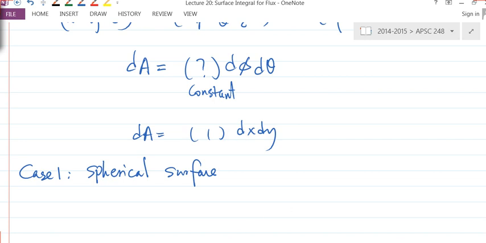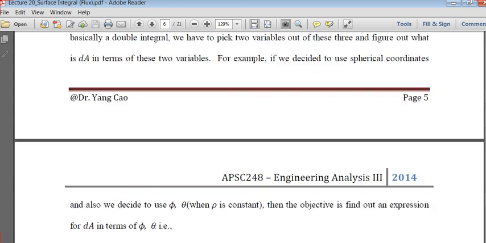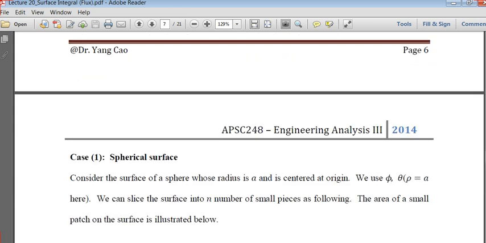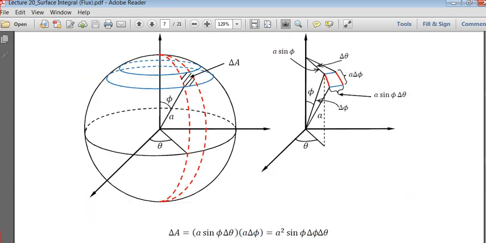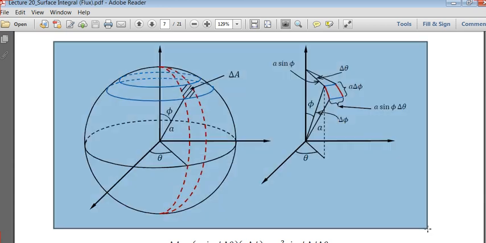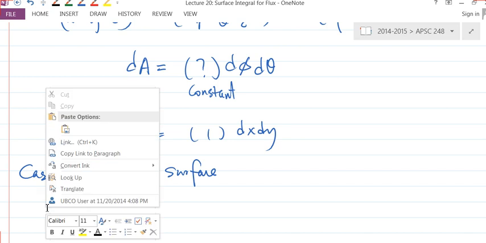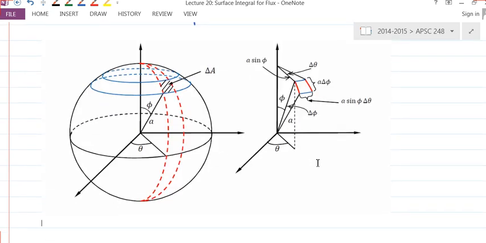So here is a drawing. Here's the drawing I'll use to illustrate the situation. It took me a while to draw this thing a couple years back.